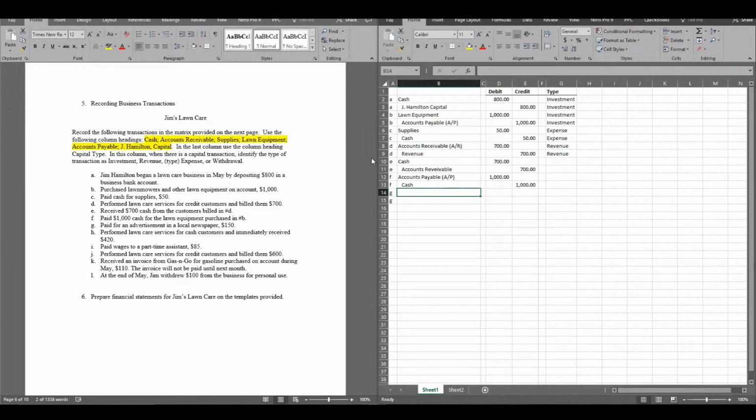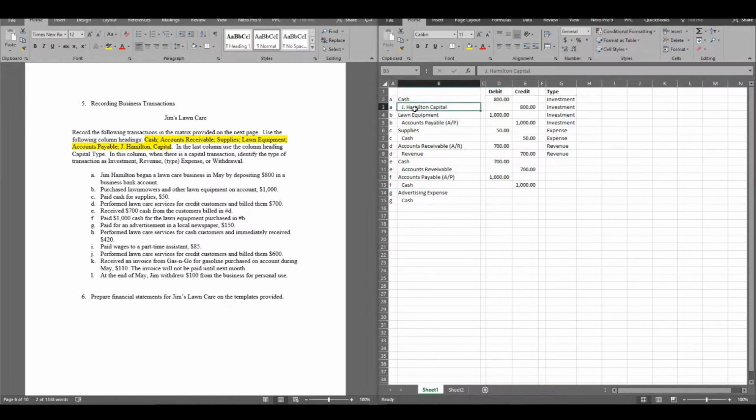So we're gonna use advertising expense as an account, and I believe it said we paid cash, right? Cash. So an expense account is increased with a debit, with a left entry. And the reason why is it's a direct contra to the capital account.